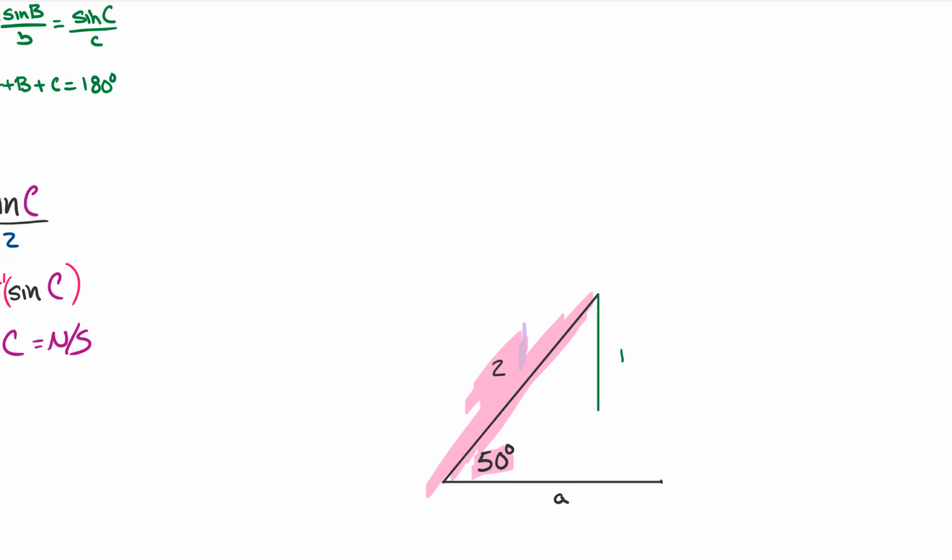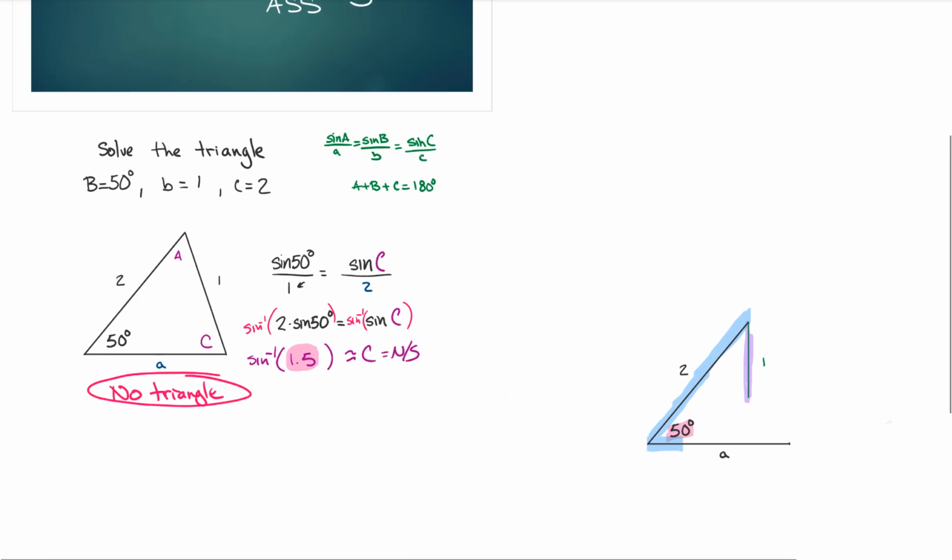I just wrote something in to have something. That's an undetermined part. But with that 50-degree angle, we do know that an angle does pop out and that this length has to be 2. And if this is only 1, it's a dangler. It can't go back. What we're describing is impossible. So that's why it doesn't work.